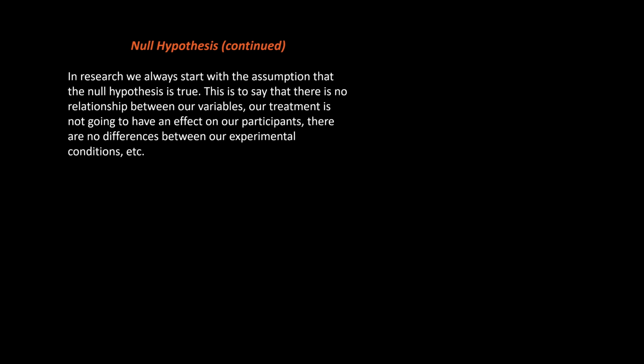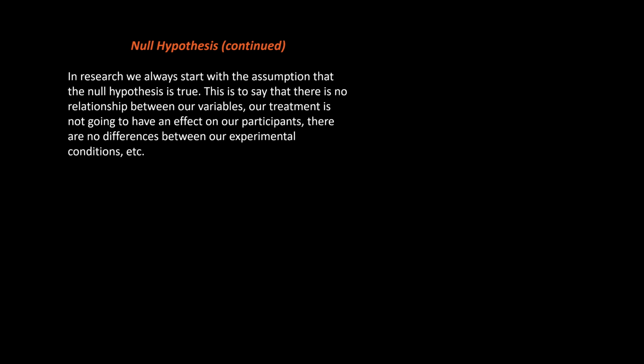One of the interesting things in research, and something that as a student of science you may not really understand, is that we always start with the assumption that the null hypothesis is true. So as researchers, we always start with this idea that there is no relationship between our variables. Our treatment is not going to have any effect on our participants.